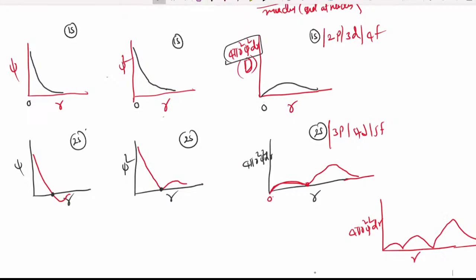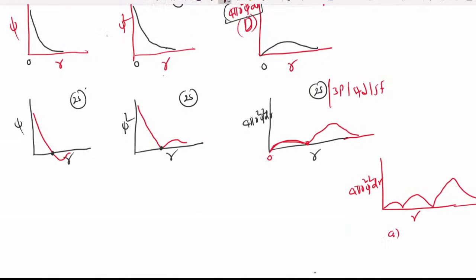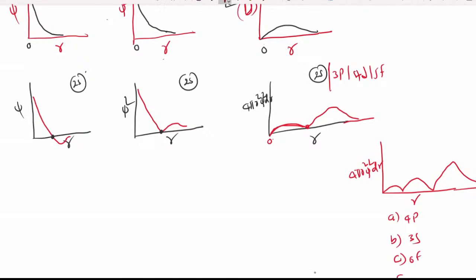The graph represents A 4p, B 3s, C 6f, D 5d. Which is correct? All of them are correct. Why, sir? How many nodes do you see? One node, two nodes.